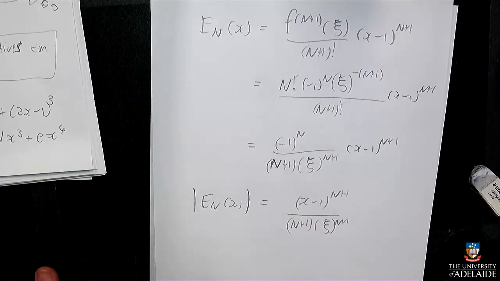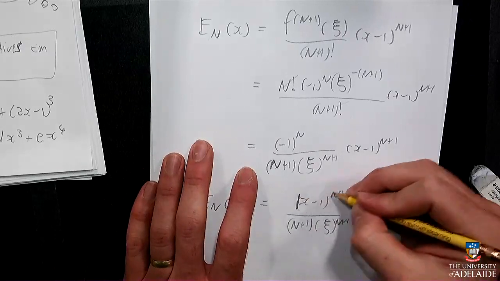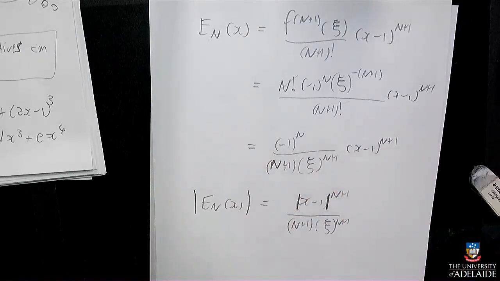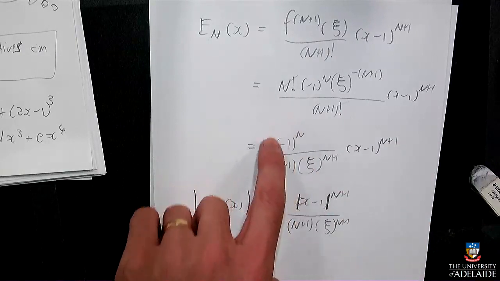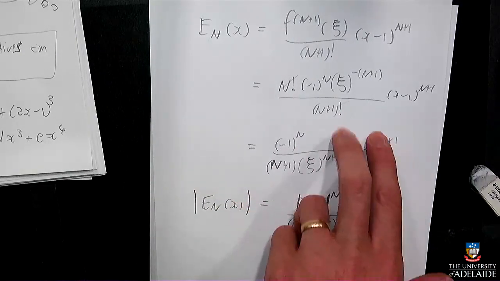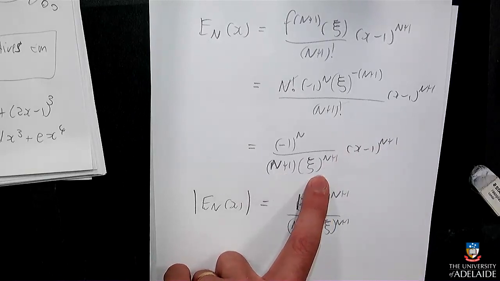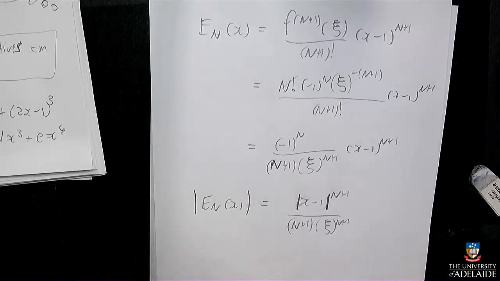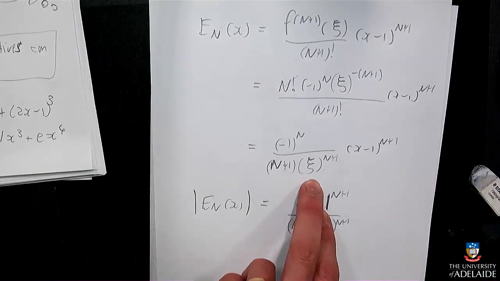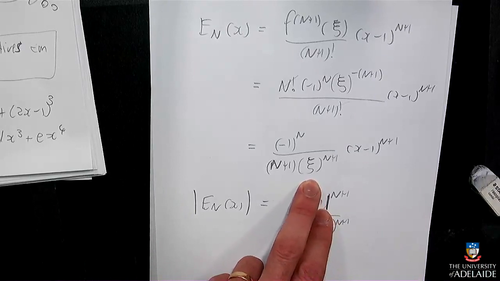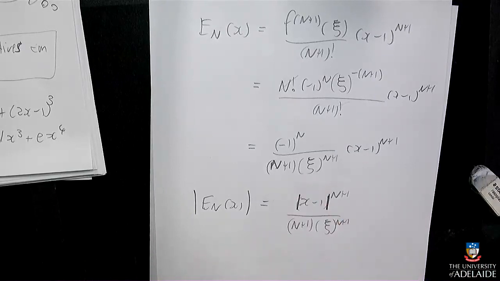So for some psi between the x and 1, I suppose this will have an absolute value on it too now, because I did the absolute value of everything. So the absolute value of the minus 1 to the n is 1. The absolute value of this is, well, it's a positive number anyway. And psi is between 1 and 1.5, and so it's positive. Okay, good. Oh, and the x is 1.5, so probably didn't even need the absolute values there anyway.